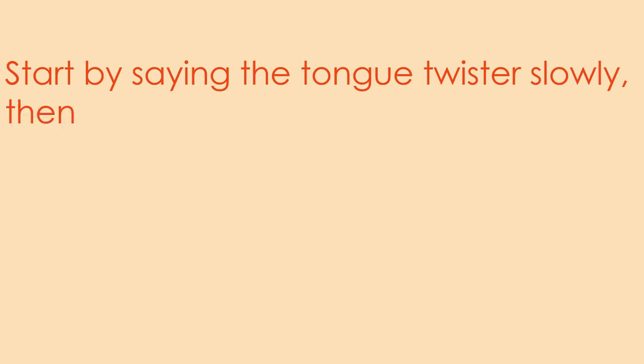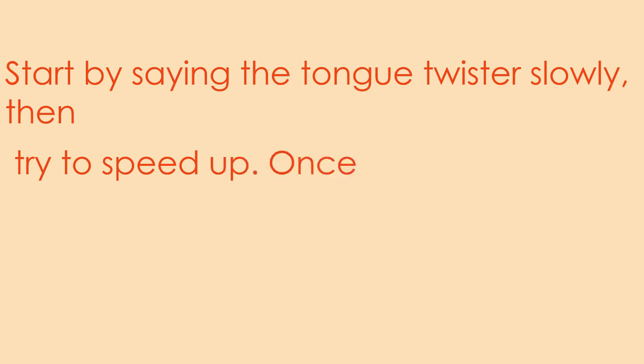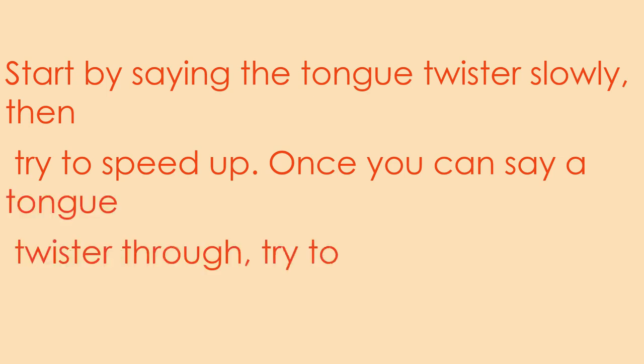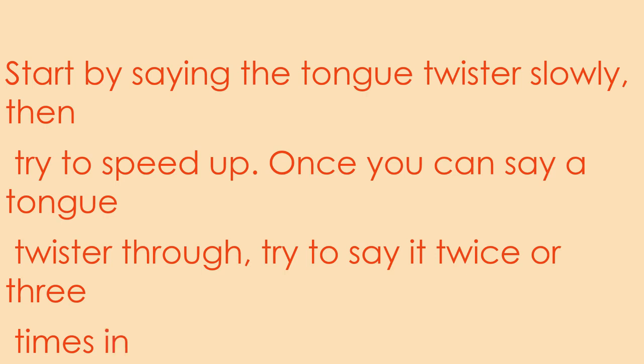Start by saying the tongue twister slowly, then try to speed up. Once you can say a tongue twister through, try to say it twice or three times in a row for a bigger challenge.